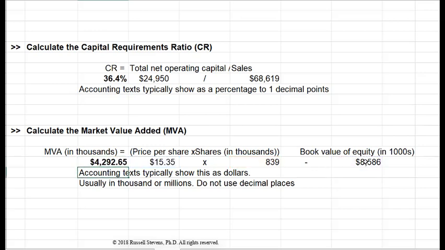That should result in an MVA of $4,293,000. Sometimes Excel will override a previous cell setting. Even if it does so, you will need to fix your answer to the proper format before submitting it. To do so, the decimals are taken out using the Reduce Decimals command on your Excel toolbar under the Home setting.